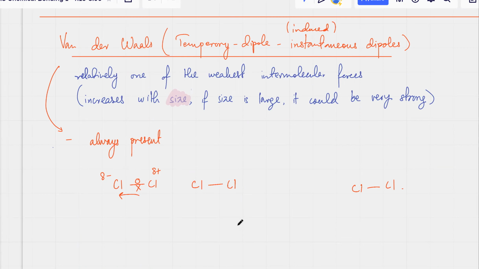Because if that other molecule comes close to it and tries to collide with it, the positive chlorine over here will try and attract the electrons from the other molecule. So this side would become slightly negative and this side would become slightly positive.